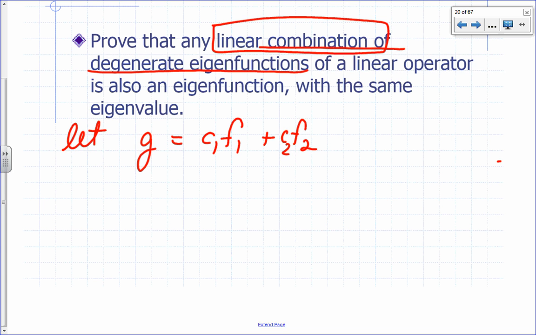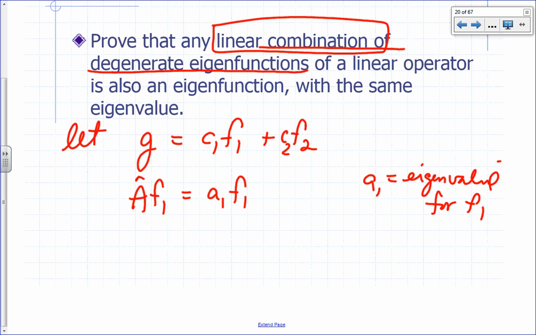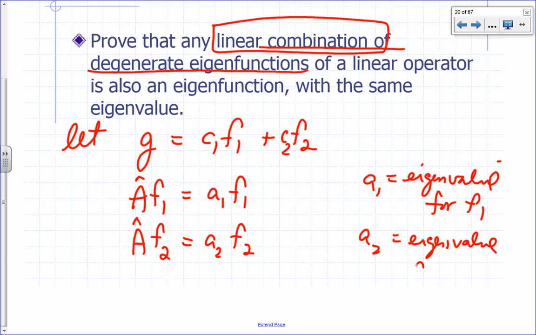And we're going to let f1 and f2 be eigenfunctions of operator A. So we're going to assume that A f1 gives you some eigenvalue a1 times f1. a1 is a constant, the eigenvalue for f1. And function f2 is also an eigenfunction with A f2 equal to a2 f2. So a2 is the eigenvalue for f2.